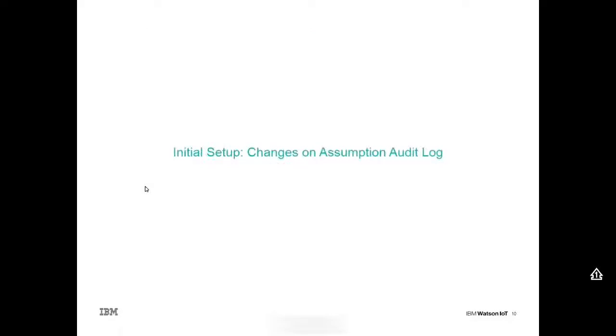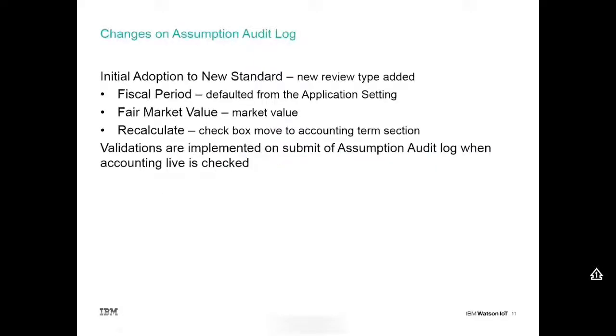And we also made some changes in the assumption audit log. For initial adoption of the new standard, we added this new type into the assumption audit log, where in a next session, Nithian will go through the assumption audit log, initial adoption, and also review assumption.